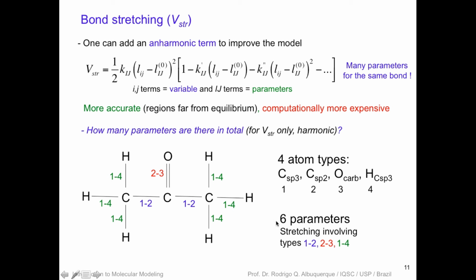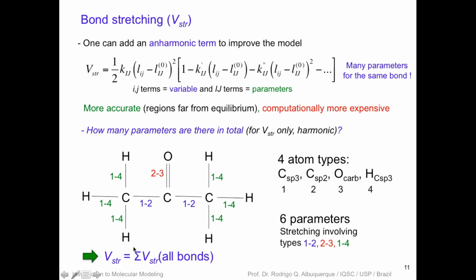So we have in total 6 parameters to describe the whole bond stretching of this molecule. Note that you may have many different Lij, the small ij, which are variables. So this small Lij is the actual bond distance of each bond here in the system. But the parameters are fewer.